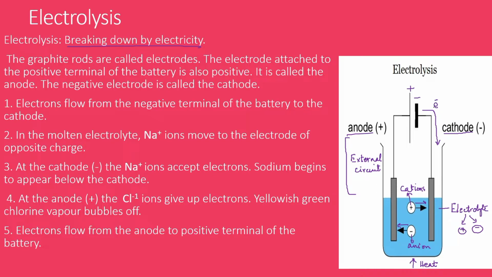And then from the anode, the electrons go back to the positive terminal of the battery. It forms the external circuit. Whereas in the internal circuit, it is the movement of ions. The ions move to carry the current and they form the internal circuit.